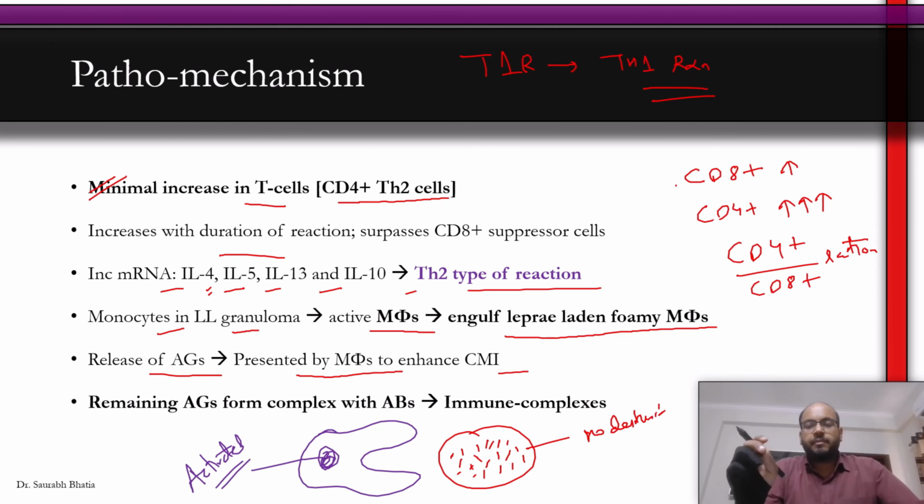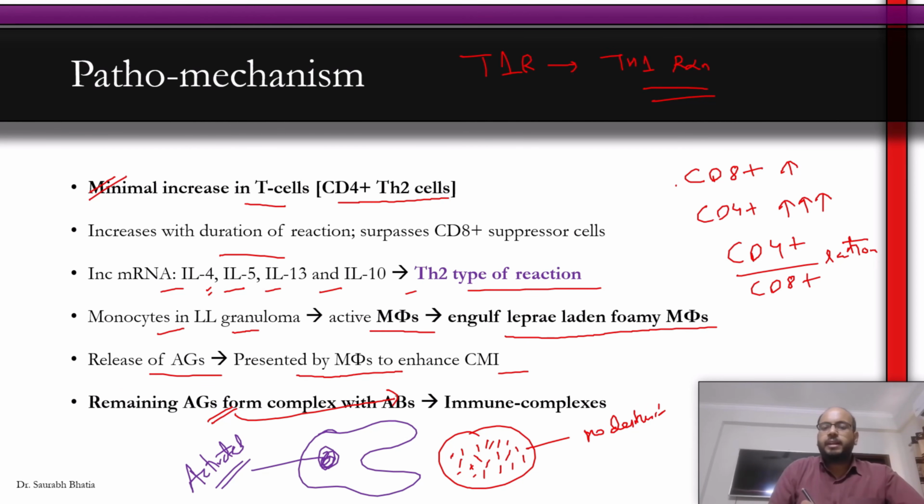But remember, we are talking about the lepromatous pole. So in the lepromatous pole, the immune system, even if it recognizes M. leprae, is unable to destroy it. So antigens will remain. The body will not be able to clear the area of antigens, and these antigens will then form complexes with antibodies.